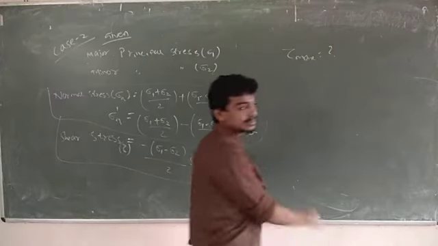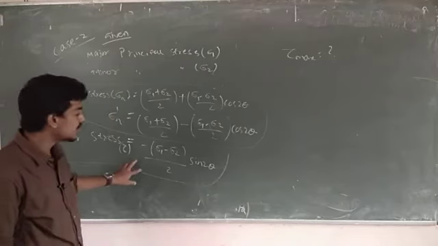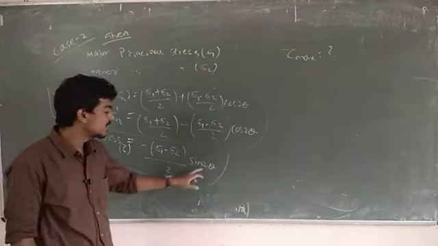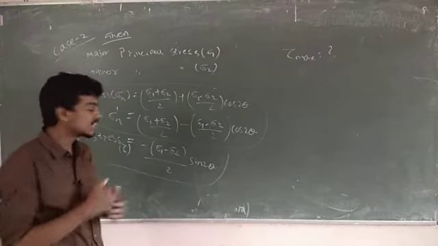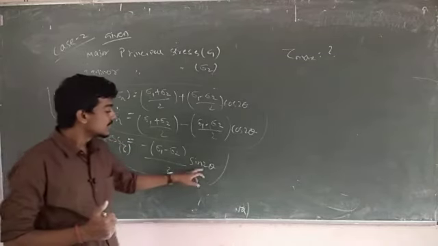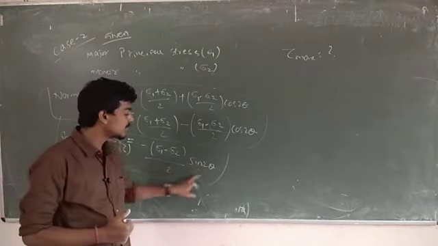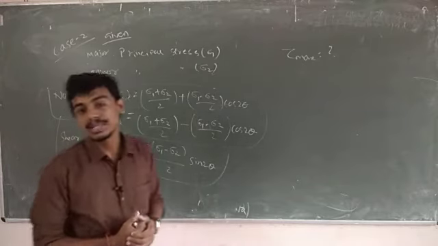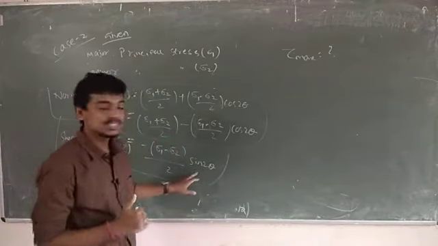How do we find the maximum shear stress? The values of sigma 1 and sigma 2 are given, but the theta value we can choose so that sin 2 theta is maximum, that may be plus 1 or minus 1. The maximum value of sine is 1.